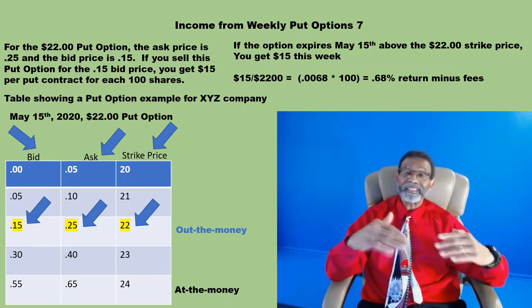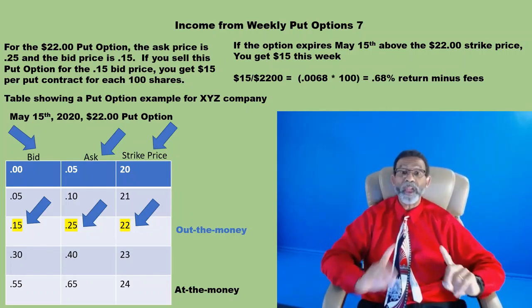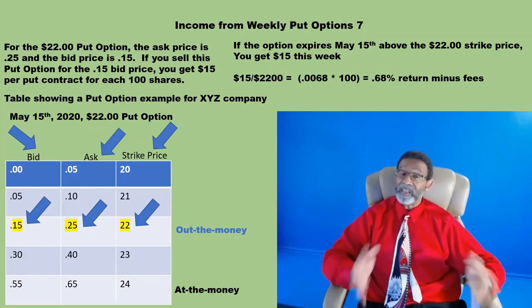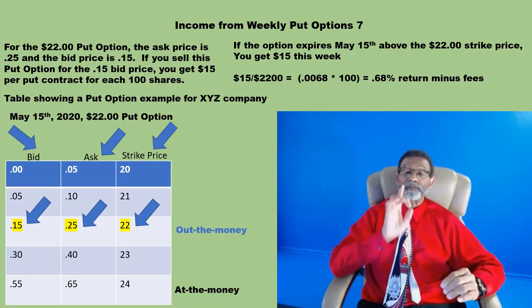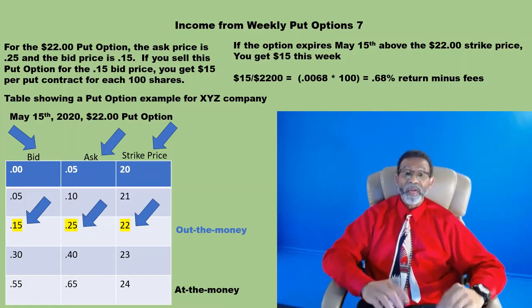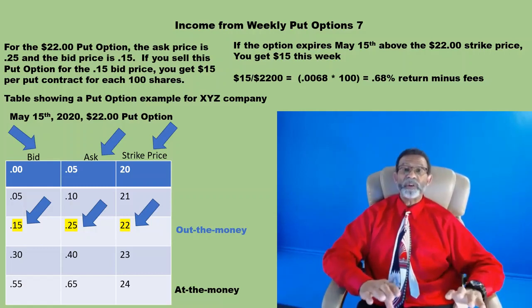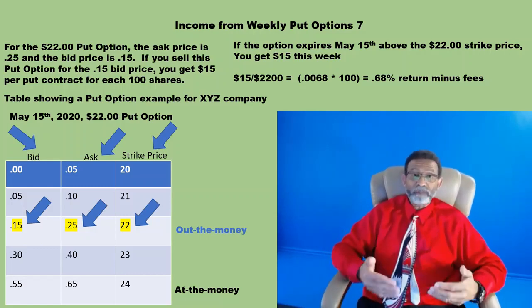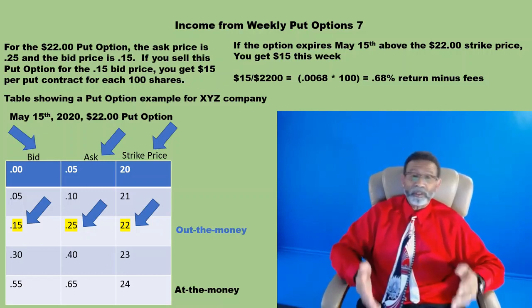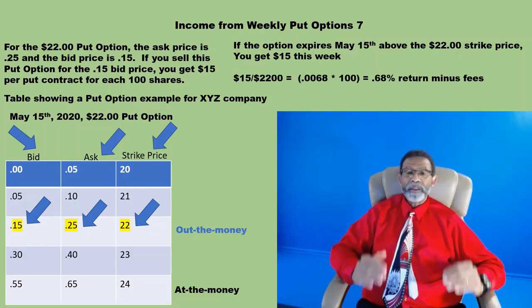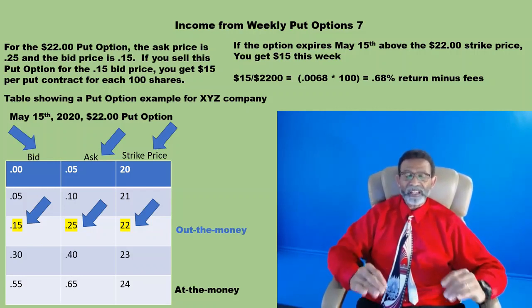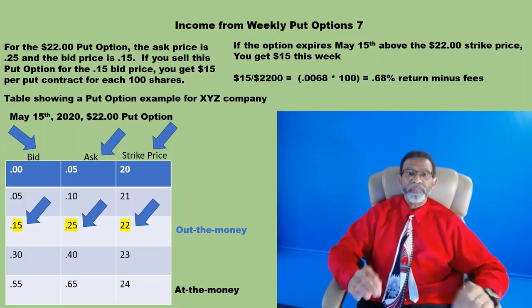So 0.68% return for that 1 week, which still, if you look at that, that is for that 1 week. That is a pretty good return. So this is just showing an example of how you can make a decent return depending on if you select a put option to sell that has enough value with the bid price.